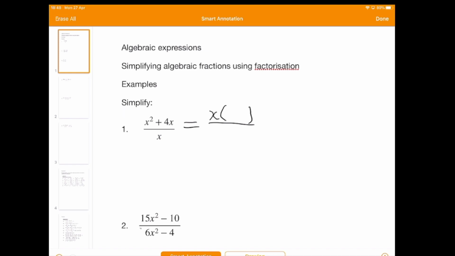And then inside the bracket, you get your x plus 4. And all this is divided by x. Now you can divide x by x, so the x and the x can cancel out, and you will remain with your answer of x plus 4.